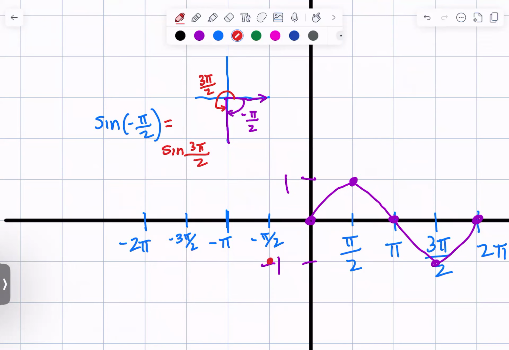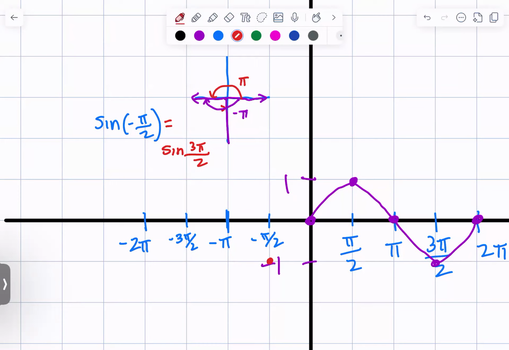Sine of negative pi, well, negative pi is the same thing as that here. Let me erase the pi over 2 now. That angle right here is negative pi, or it could be positive pi, right?